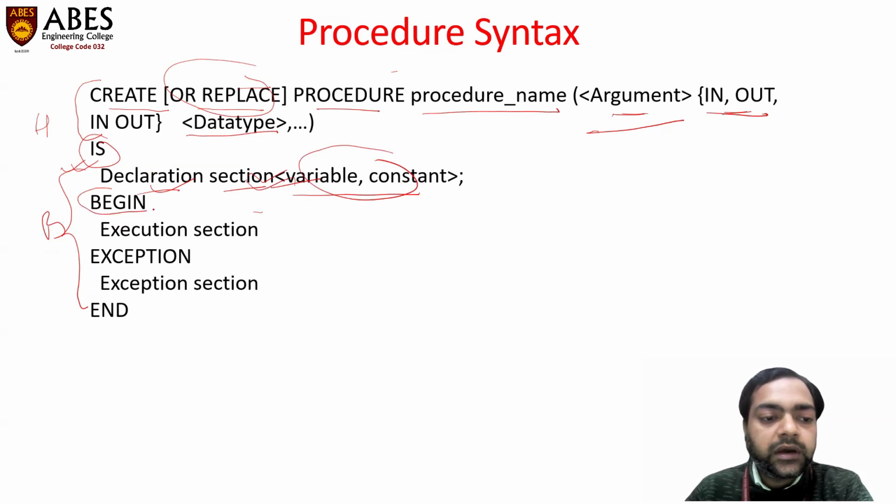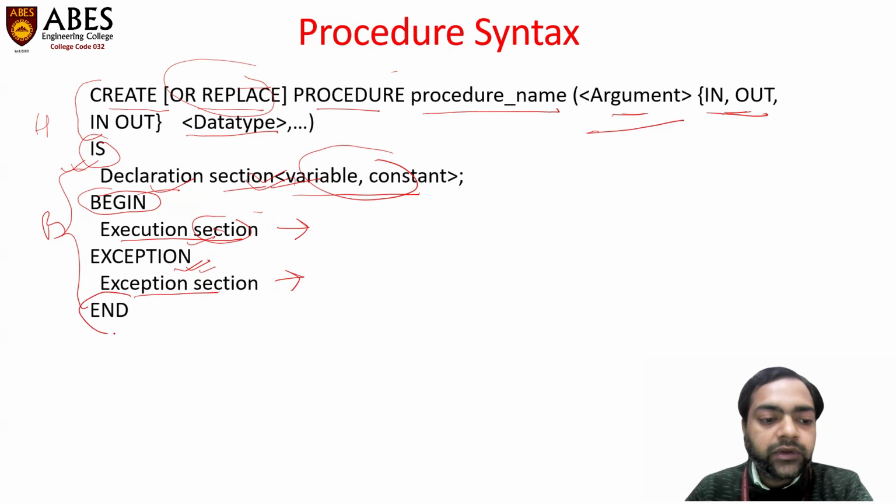After that we begin the procedure, and under this we need to provide the execution section, what this procedure needs to perform, just like a function body. And after that, if any exception handling is required for that particular procedure, we will use the exception section and provide the exception here.